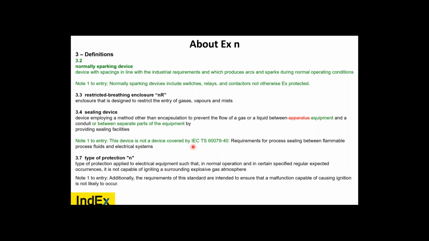Well, a device employing a method, other than encapsulation, to prevent the flow of gas or liquid between equipment and a conduit, or between separate parts of equipment, by providing sealing facilities. Now, what do they mean by that? Well, there was an EXNC encapsulation type that has been removed and changed to EXMC, M for encapsulation. So they're trying to make the standards easier to understand, but there's been a lot of changes and it can still be confusing.